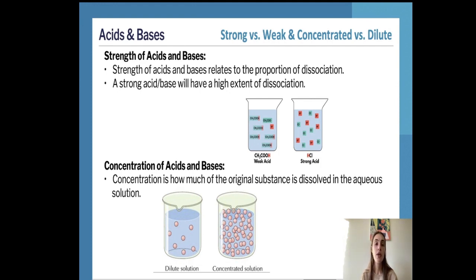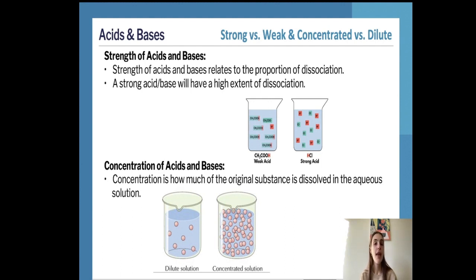And so a strong acid or base is going to have a greater extent of dissociation. So for example, HCl is going to mostly split into H+ and Cl-, in aqueous solution.